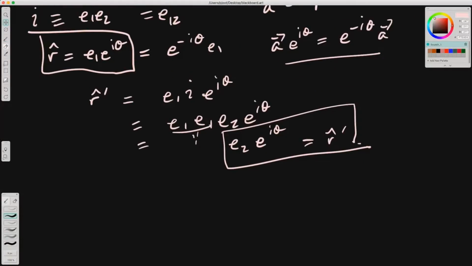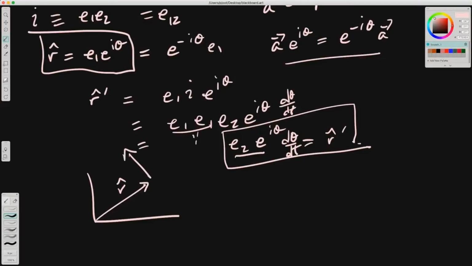Now this is our theta hat vector. So we have r hat and theta hat, where theta hat is e2 e to the I theta. And we should expect r hat and theta hat to be perpendicular, and we can do a quick check of that.